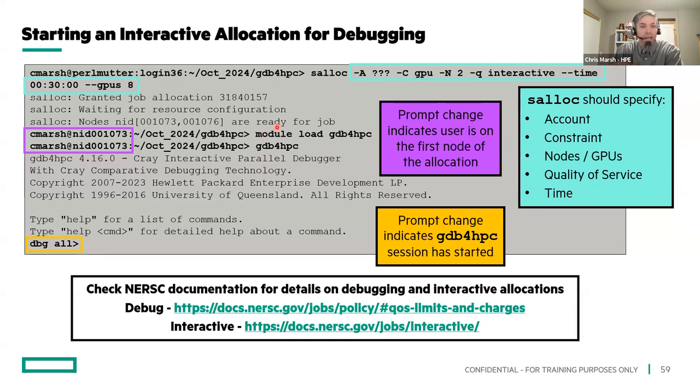In this example, I had previously built my application and loaded some modules for that purpose, but I hadn't loaded Gdb4hpc. So I'm loading that here. And then I'm going into the interactive debugger just by typing Gdb4hpc as the executable. We can see some output gives us the version and a couple other things. And then our prompt will change once again. And this indicates that we are now in the interactive debugger.